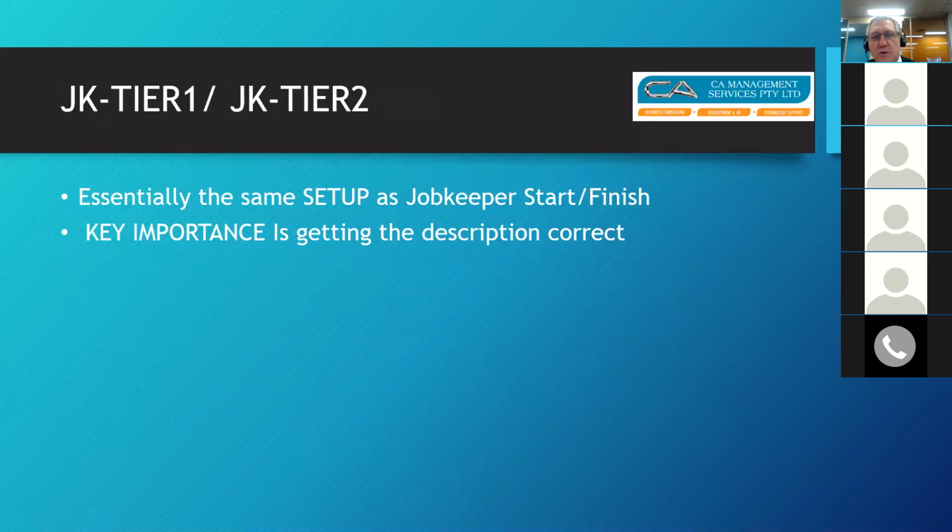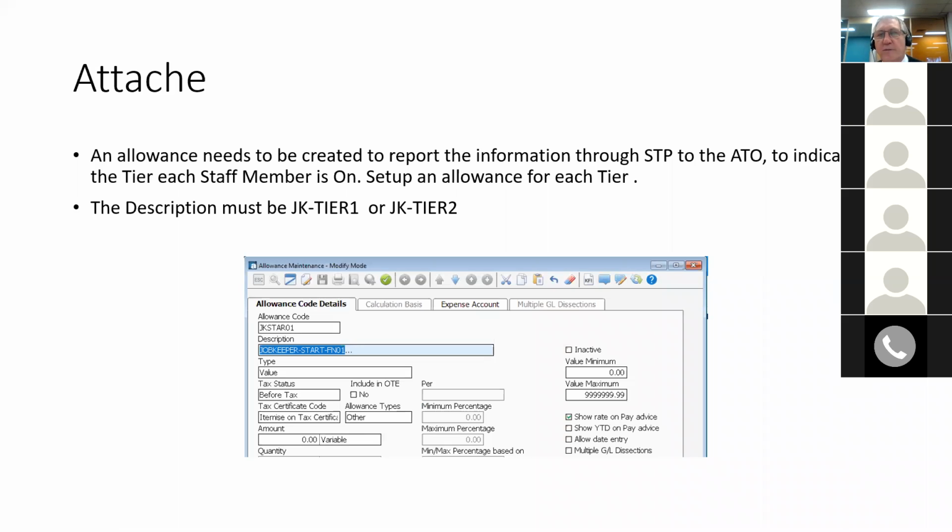And the good thing is, because we've all done JobKeeper before with the setup, it's really just replicating what we've done before. So I've taken some snapshots of the different accounting systems, so we can briefly run through, and depending on the different accounting systems you're running, you can take note of it.